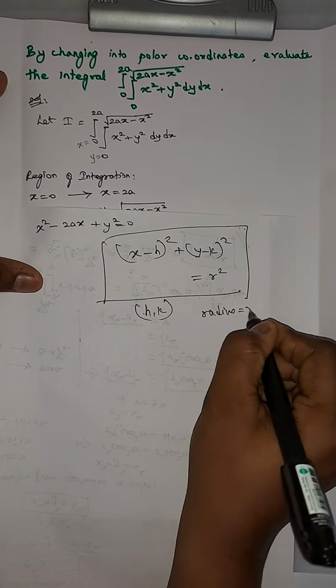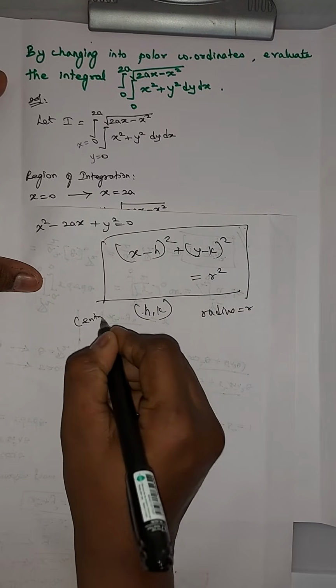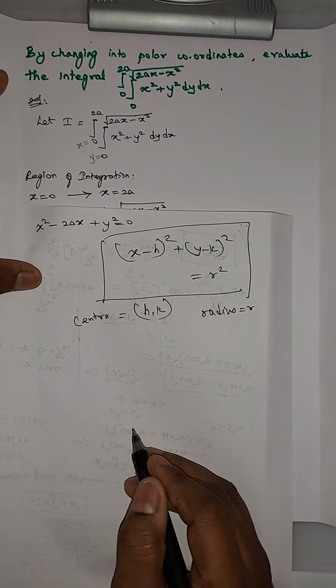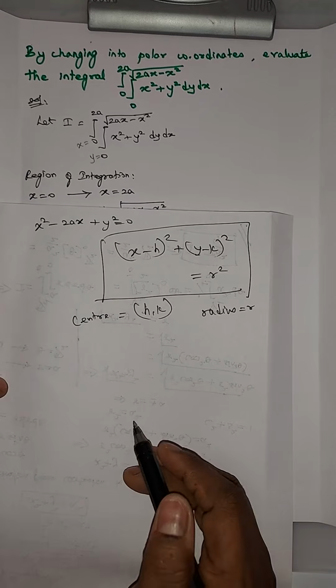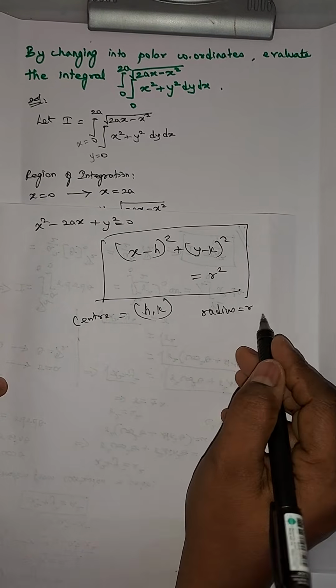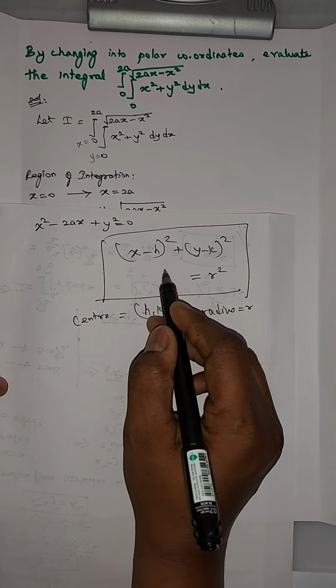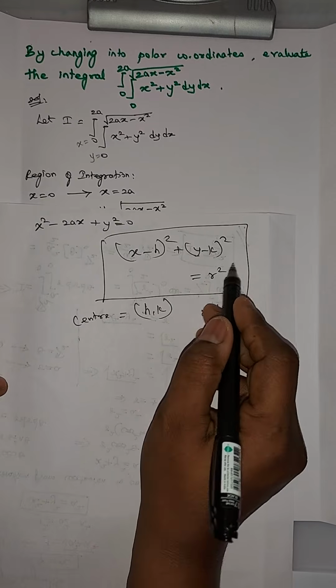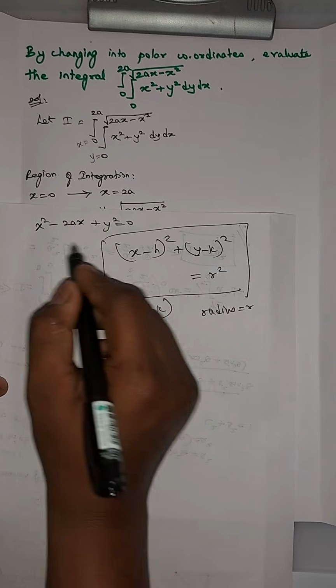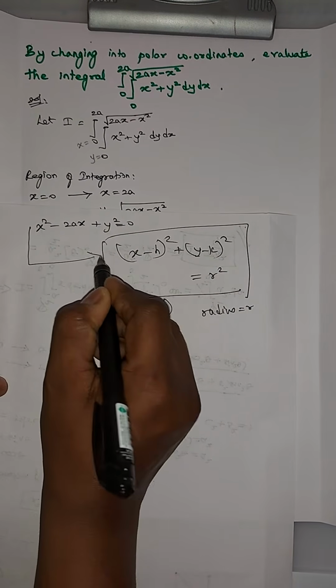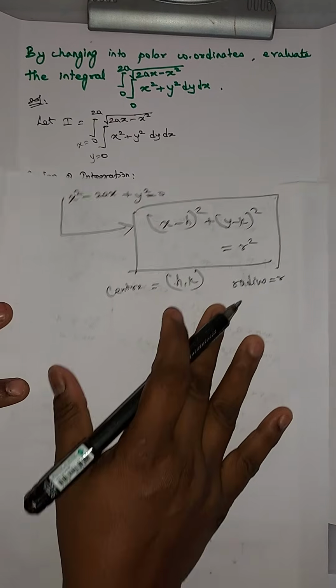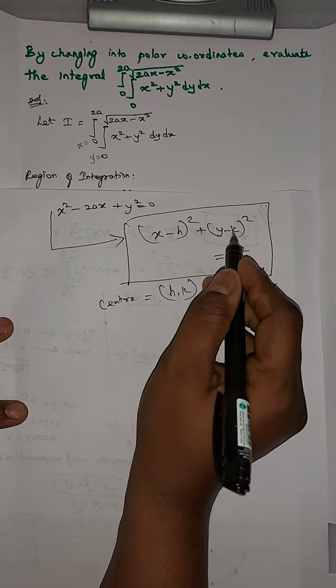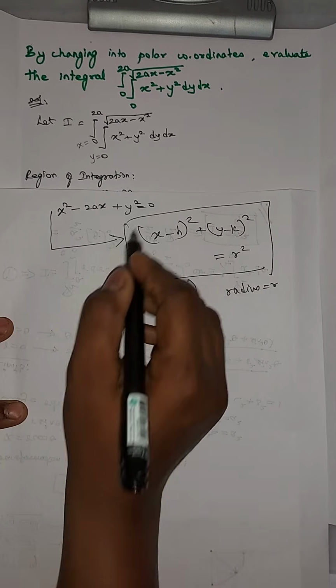So we have to convert this equation in this form. Only then is it possible to find the center and radius.